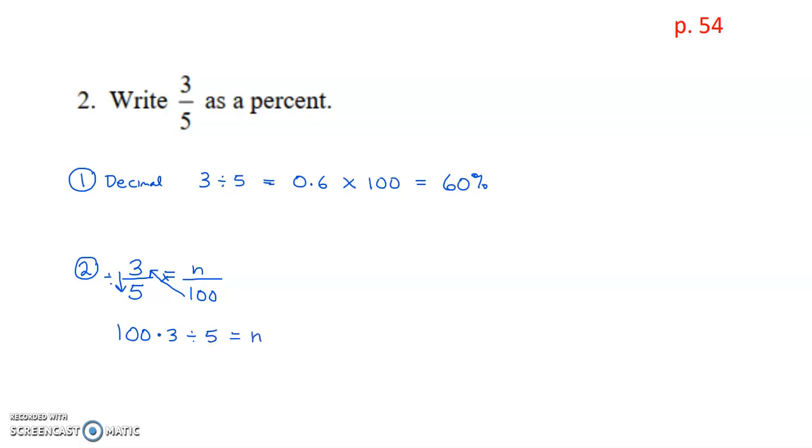You can also do this algebraically, a little bit slower, but the steps are good. 5n is equal to 100 times 3. Either way you do it, 300 divided by 5 is what you will get when you set up a proportion, and so the number you're looking for is 60%. You'll get the same answer, but you can choose your method.